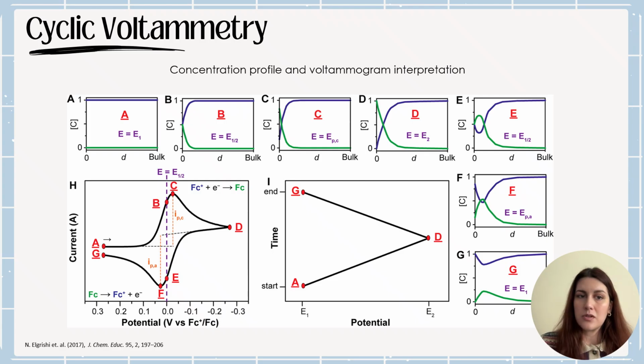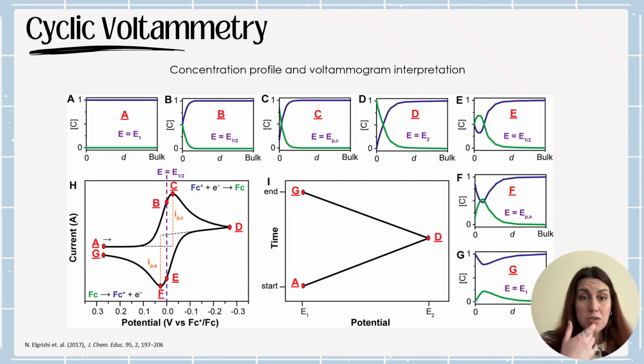For example, if we consider a ferrocene system, ferrocenium ion can be reduced to ferrocene. As molecules react at the electrode, the concentration of the reactant near the electrode decreases, creating a concentration gradient between the electrode surface and the bulk solution.